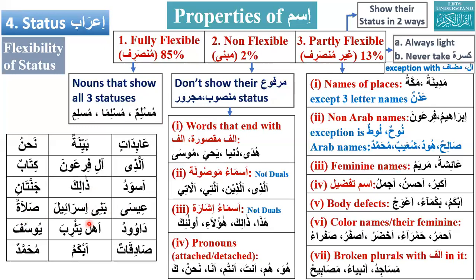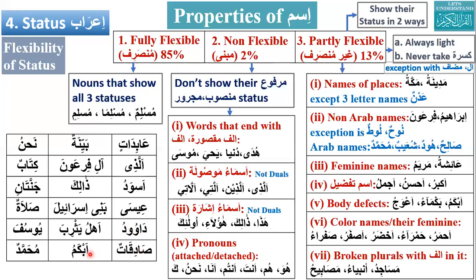Dawudu. Partly flexible. Ahlu Yasrib, Hassan. Yasrib is the name of a place. Partly flexible. Good. Yusufa, Hassan. Partly flexible. Sadiqatun, Manal. Fully flexible.